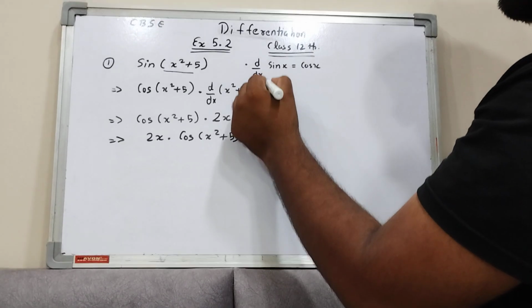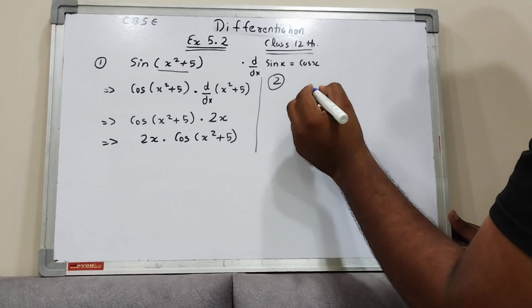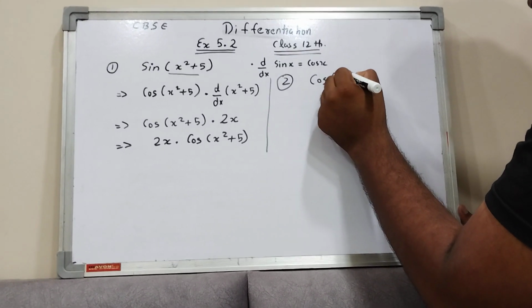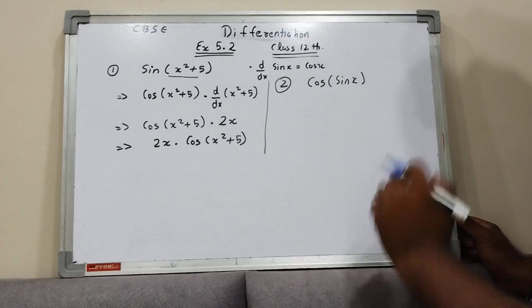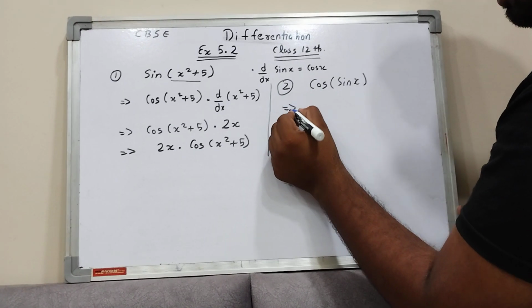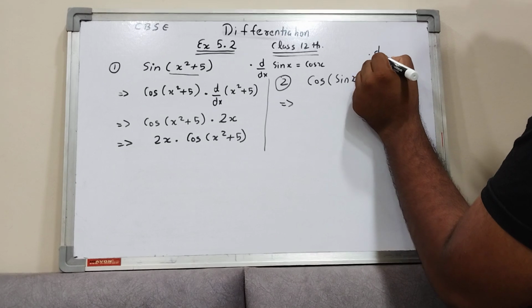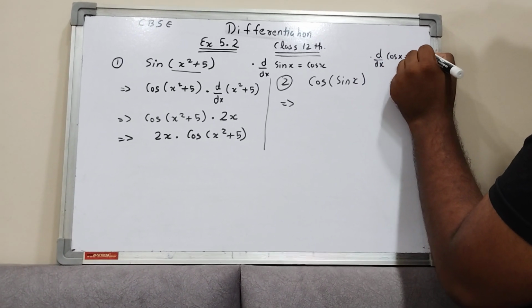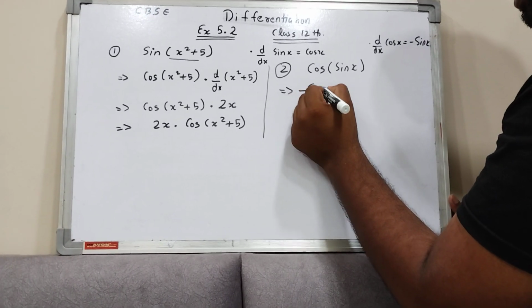Let's come to question number 2. It says cos of sin x. Now we have to differentiate this function. Since we know that d by dx of cos x is minus sin x, the answer would be minus sin.